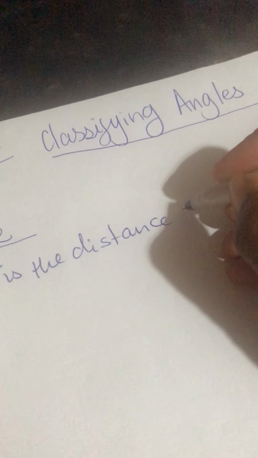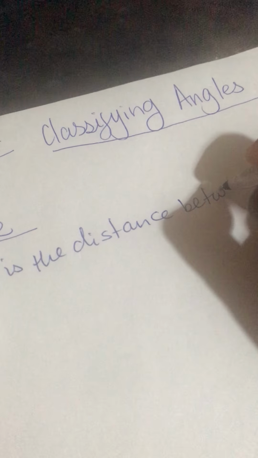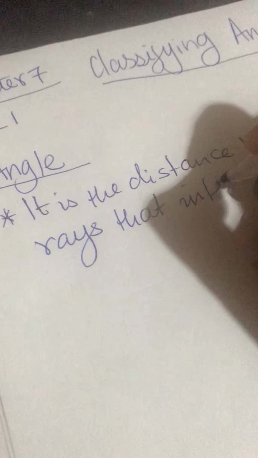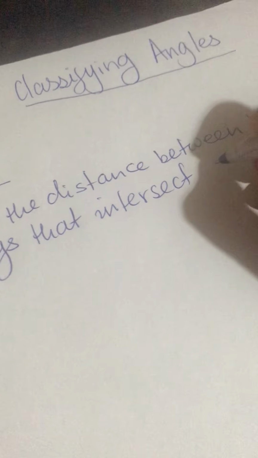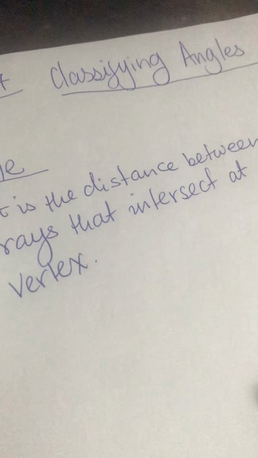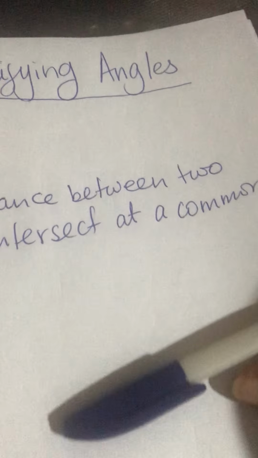So, it is the distance between two rays that intersect at a common vertex. Okay? Or where two rays meet.